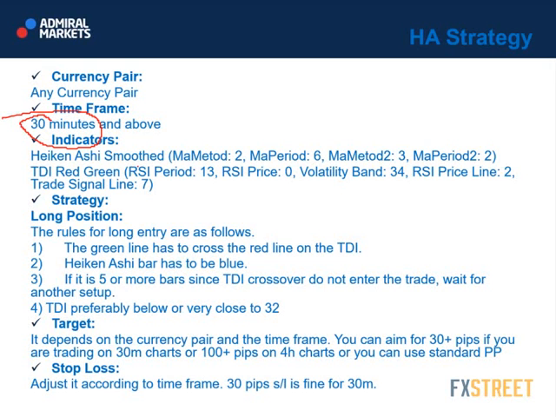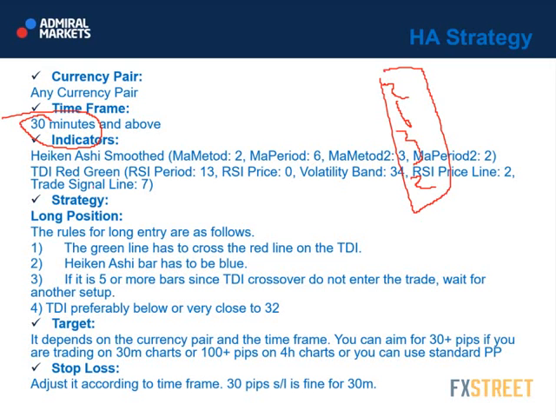You need Heiken Ashi Smoothed with these settings: MA method 2, MA period 6, MA method 2, MA period 3, and 2, 2. So 2, 6, 3, 2, one below another. I will also show you that on live chat later.